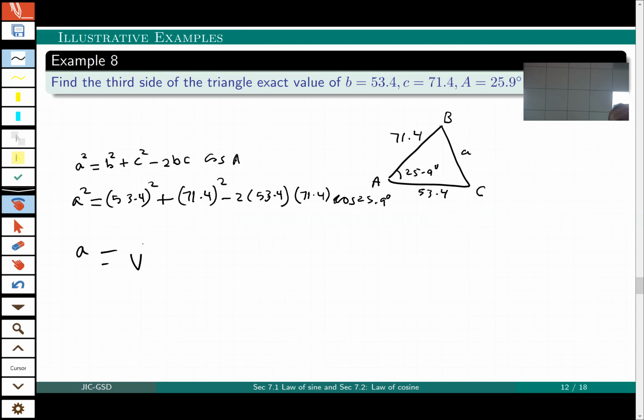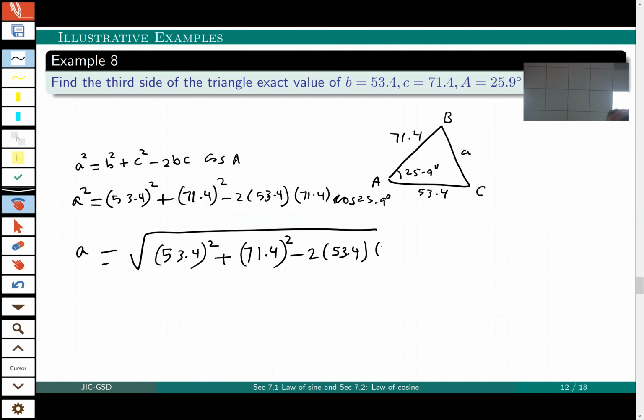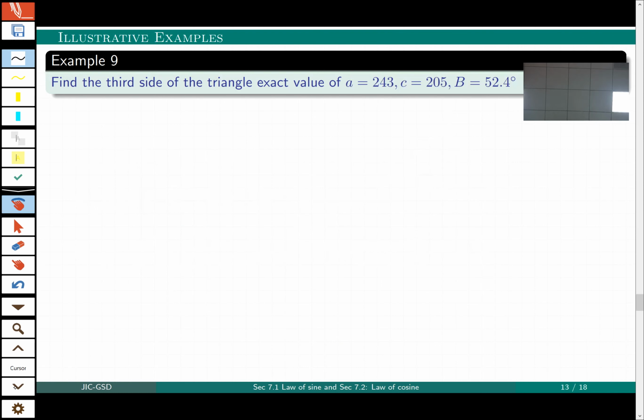That will mean A will be simply the square root of 53.4 squared plus 71.4 squared minus 2 times 53.4 times 71.4 cosine 25.9 degrees. If I don't have a calculator, I will just leave it as it is.